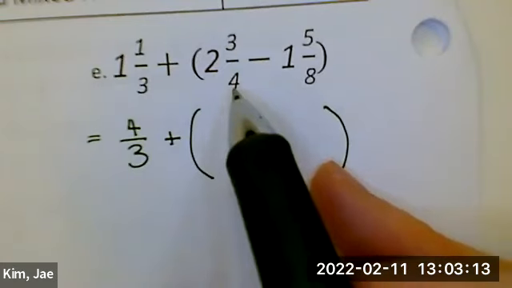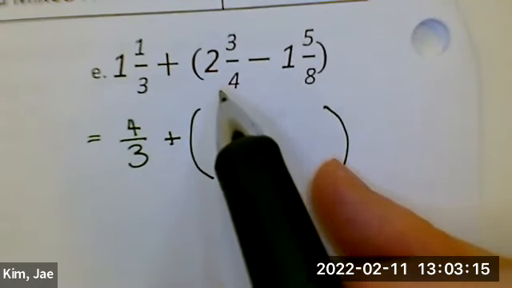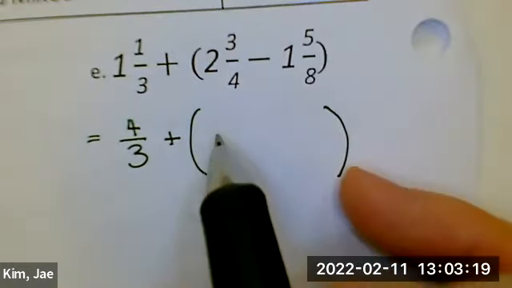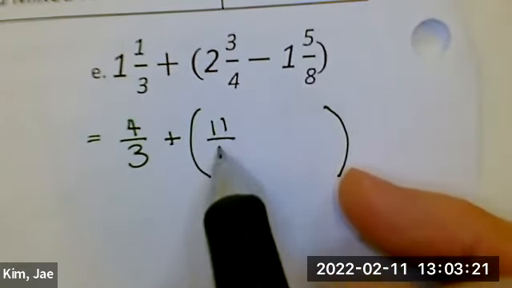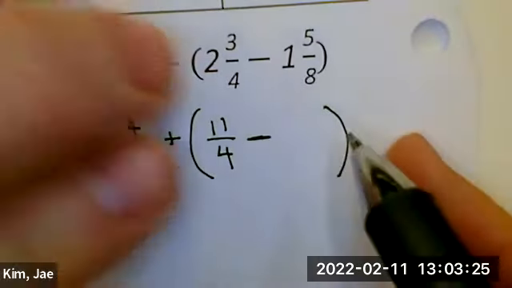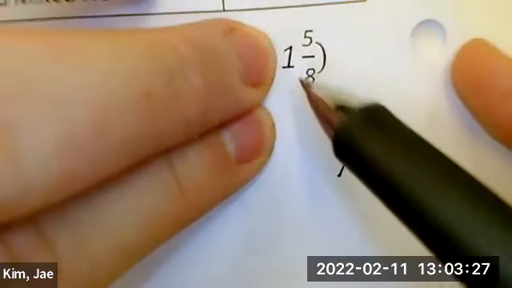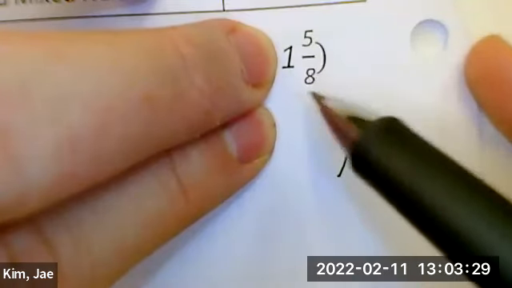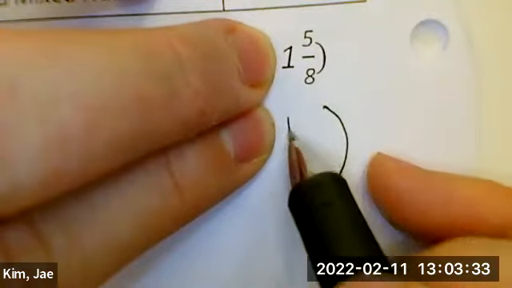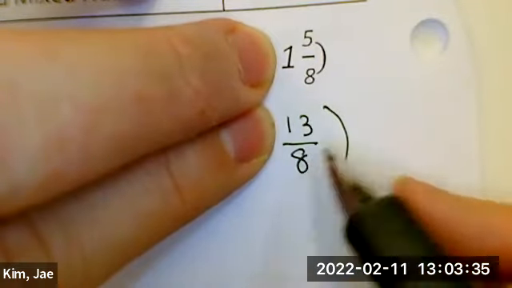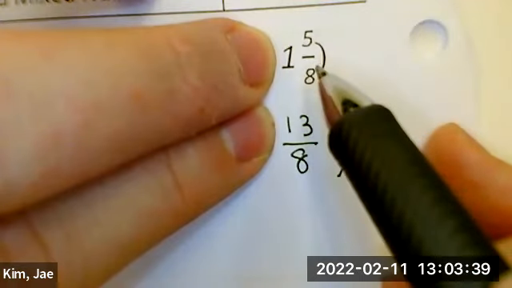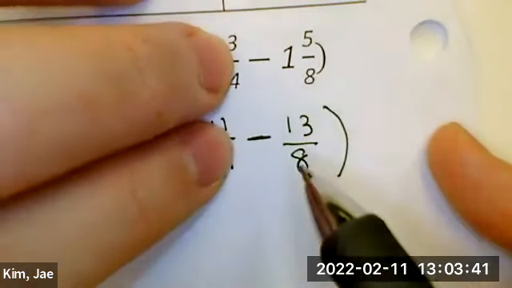2 times 4, I have 8 pieces in my hands. I'm adding it to the 3 that's already there. So I'm going to write the minus already. I have 1 times 8, that's 8 pieces, adding to the 5 I already have. But that value is actually on the left side on the number line. So it's a negative.